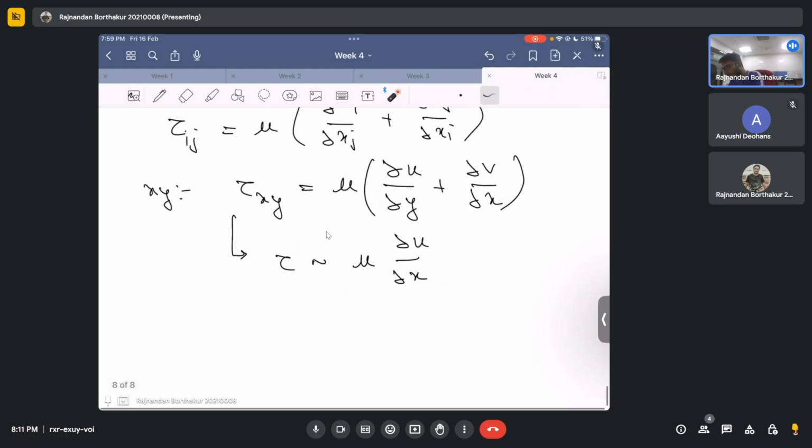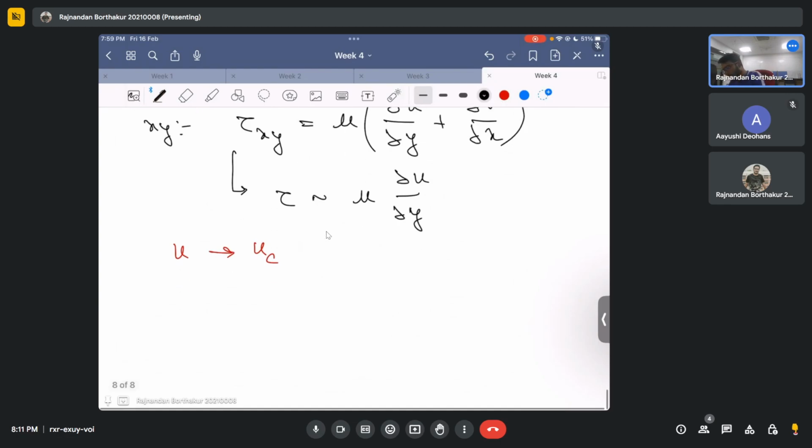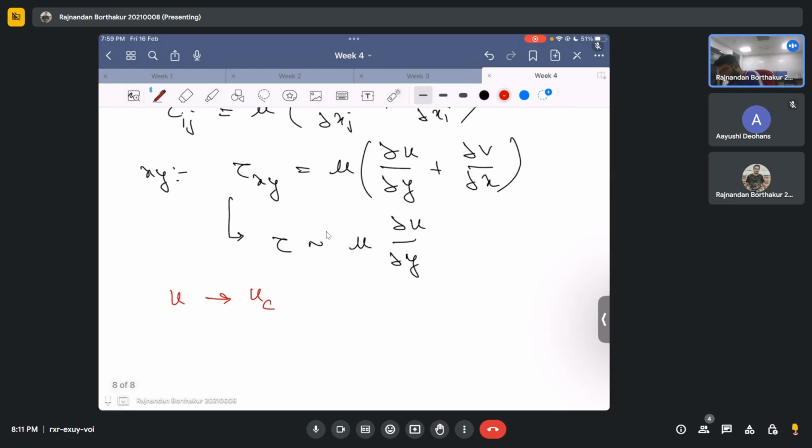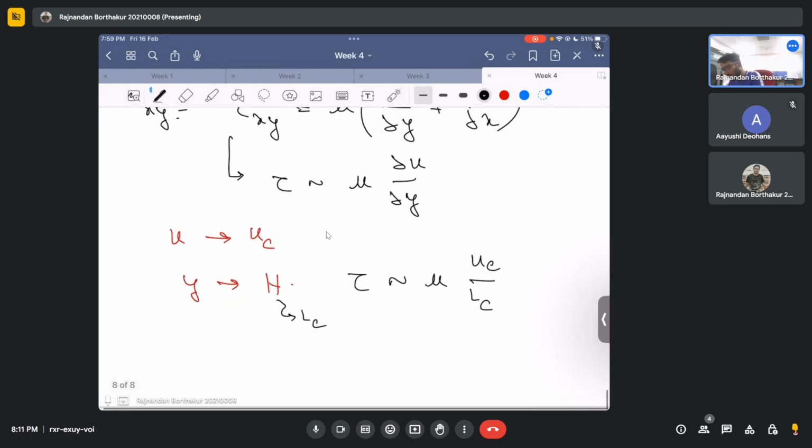Now, can you tell me, if u scales as some uc, which is the characteristic velocity, and for the plane Poiseuille flow that we saw, uc is just u max or u average, and if y scales as h, then tau will scale as mu times del u by del y, which will basically scale as uc by lc, because h was our length scale lc.